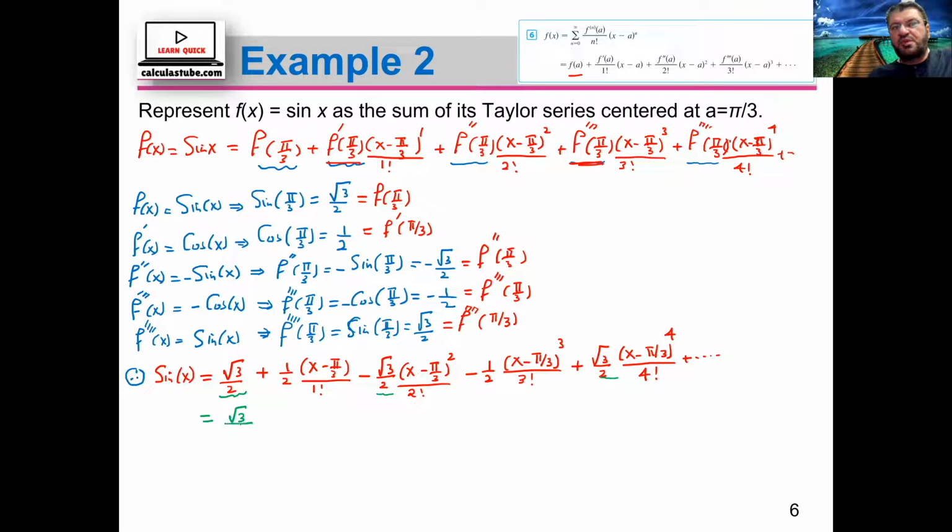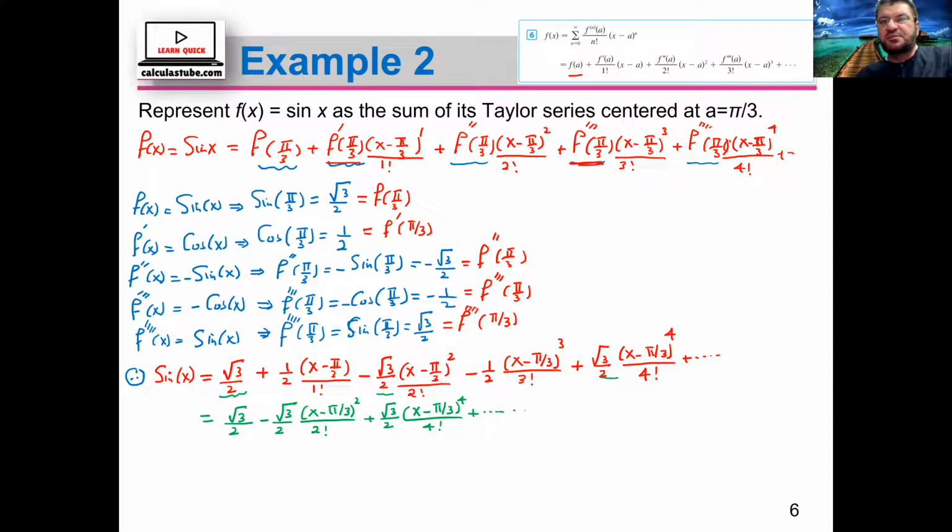This is square root of 3 over 2, then minus square root of 3 over 2 times x minus pi over 3 squared over 2 factorial, then plus square root of 3 over 2 times x minus pi over 3 to the power 4 over 4 factorial. And of course, these continue to infinity.